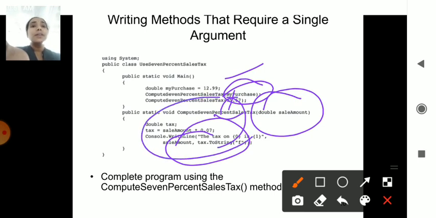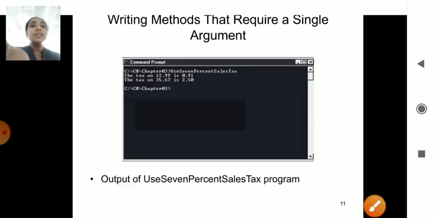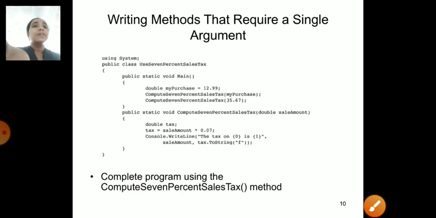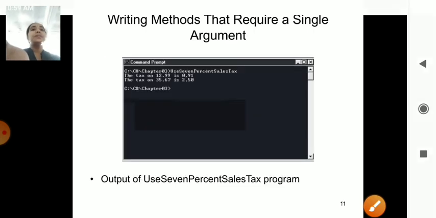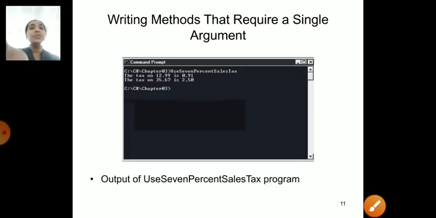This sub method is being called by the main method, and it prints the value, that is 12.9. It actually calculates the tax, and that tax is printed with the sales amount. This is the part of the single argument. This is the output which you get.